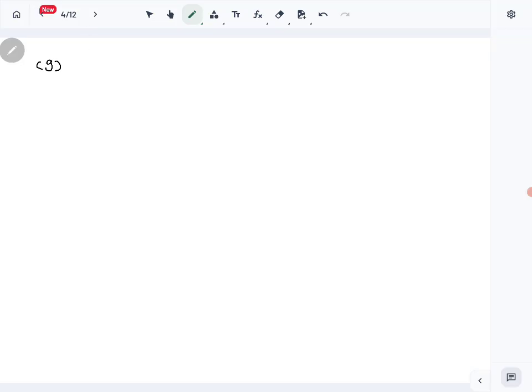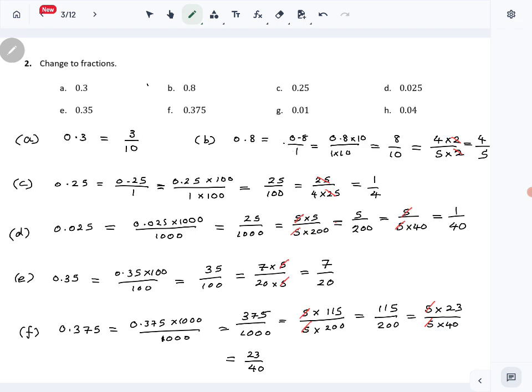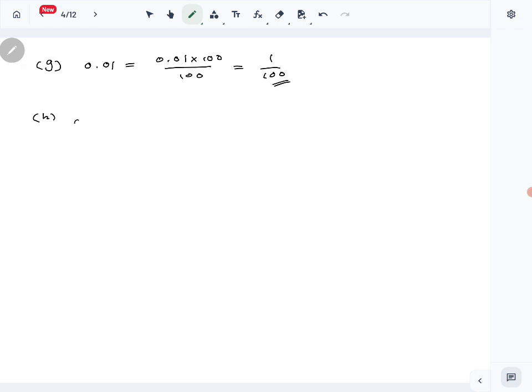G. What is G? 0.01. So 0.01 into 100 divided by 100. So 1 over 100, right? That's the simplified form. Right. Last one, 0.04. So similar to what we did here for 0.01.